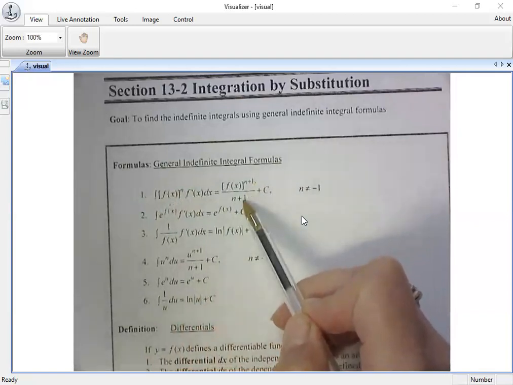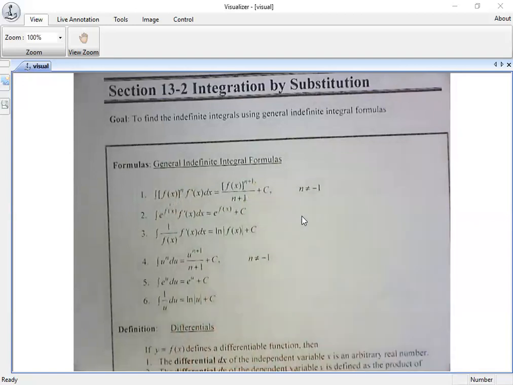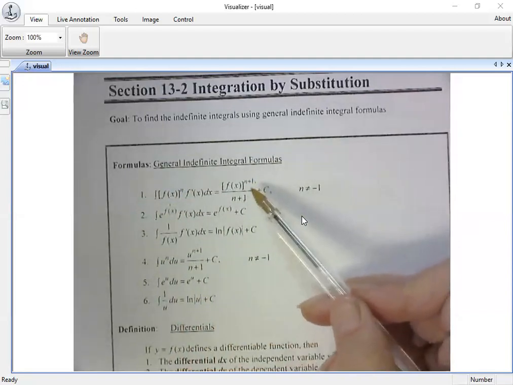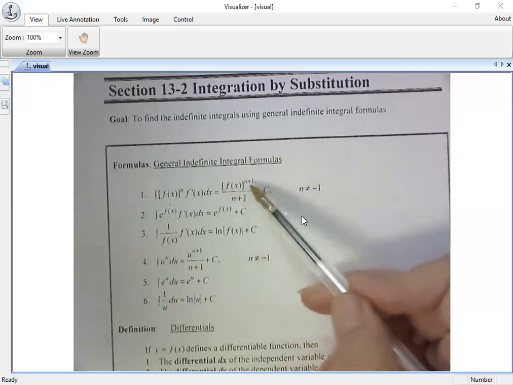That's what we just did in 13.1. If we had x squared and we wanted to integrate it, it became x to the third, but then we divided it by that new exponent. So we divided it by 3. So really, this is the rule we just covered.